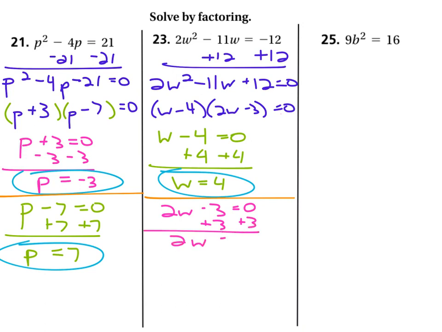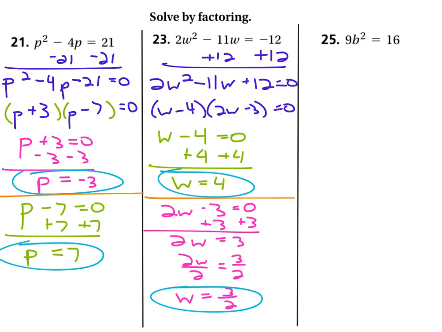And we get 2w equals 3. Divide both sides by 2. And we get w is equal to 3 over 2. The second value that would set the whole thing to 0. Okay? One more, and let's get it done.